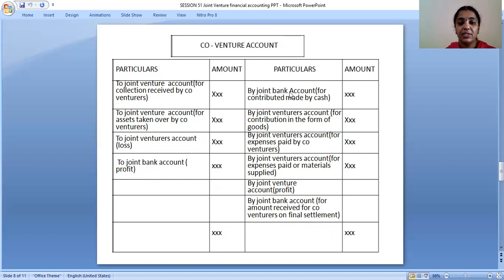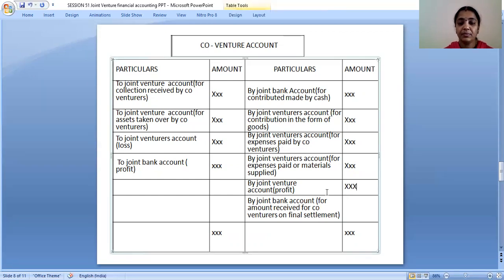On the credit side: by joint bank account for contribution made by cash; by joint venture account for contribution in the form of goods; by joint venture account for expenses paid by co-venturers; by joint venture account for materials supplied, and for profit; and by bank account for amount received by co-venturers on final settlement. This is the format for preparing the co-venturers account.